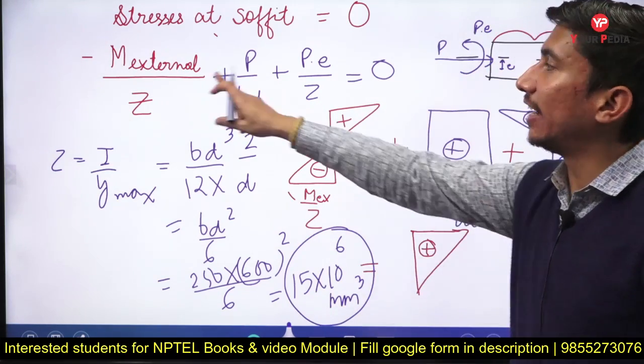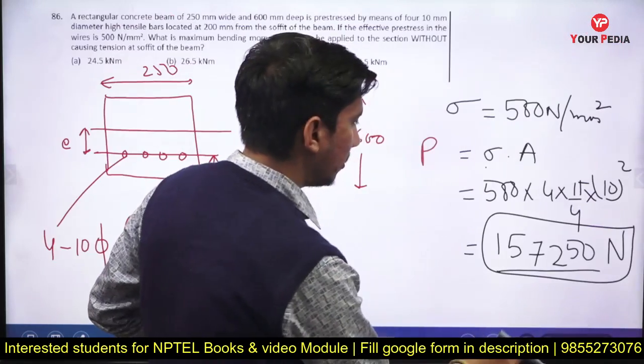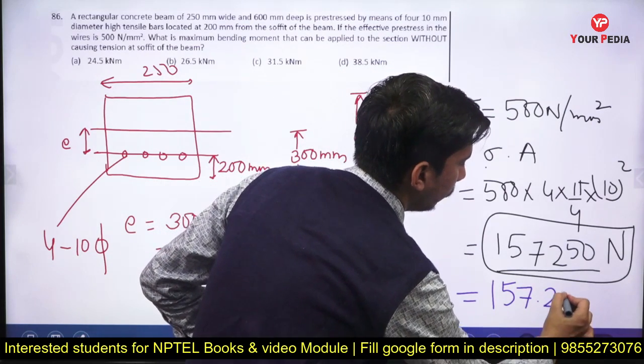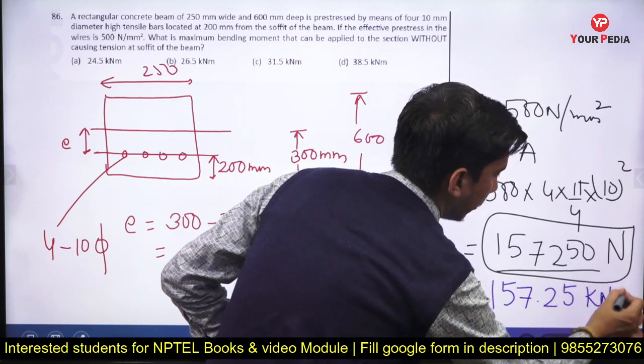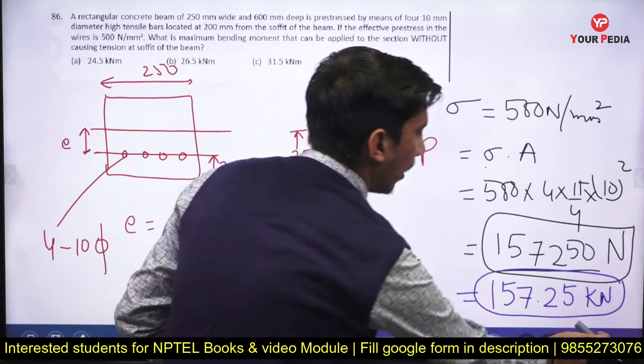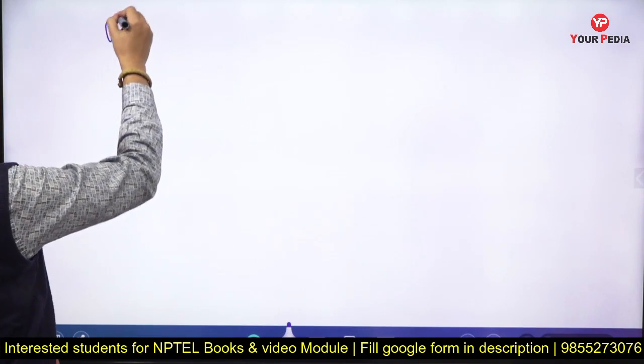I have to use this value here only. And what is the value of P? We have found out the value of P is 157.25 kilonewton. This is the value of P. So now I'll use this here. So M external I have to find.